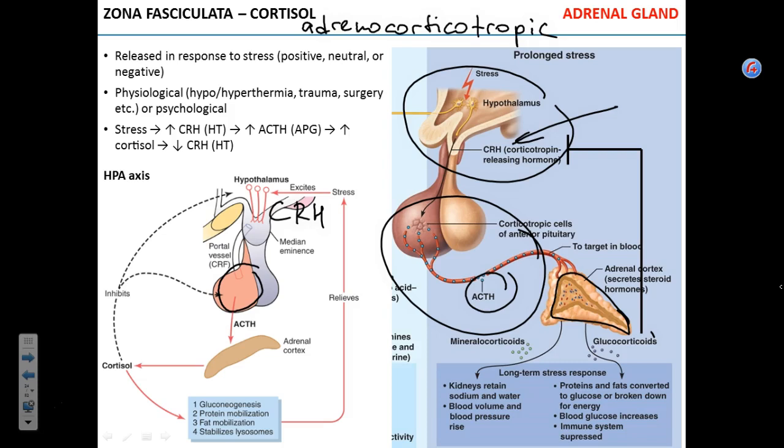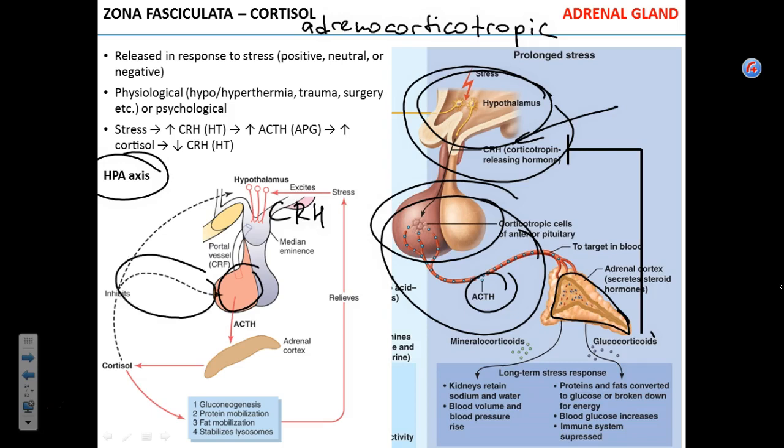Does that make sense? This is called the hypothalamus-pituitary-adrenal axis. Cortisol is called a glucocorticoid. We'll talk about why. When cortisol levels increase, it acts on the hypothalamus and the anterior pituitary and blocks production of ACTH and CRH.